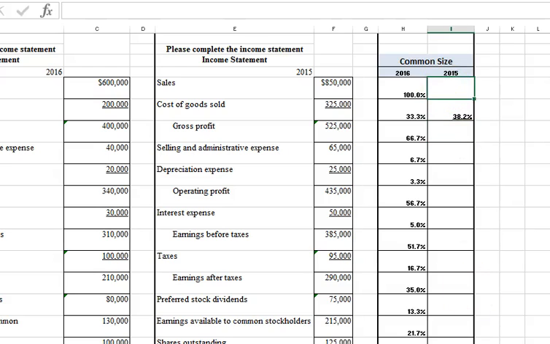That's how you get a common size. You are not going to understand this unless you actually do it by hand. All right, so just try the gross profit. What percentage is gross profit? Yes, in the back.